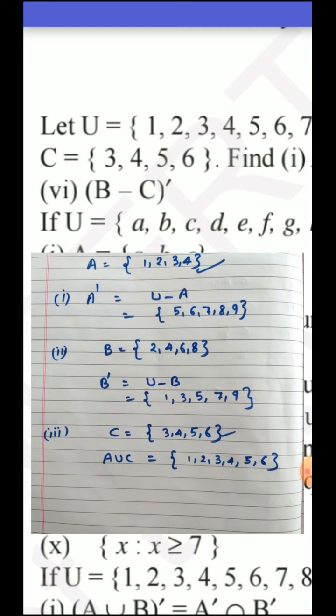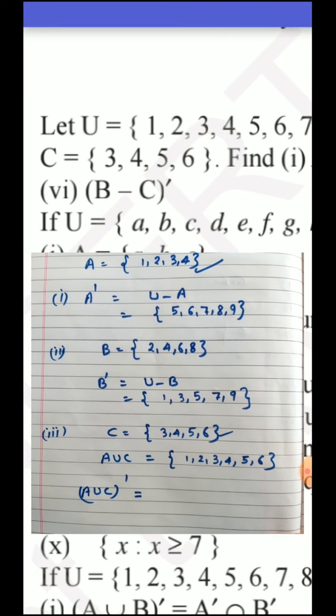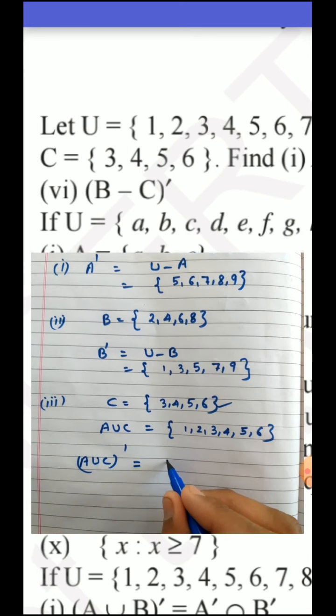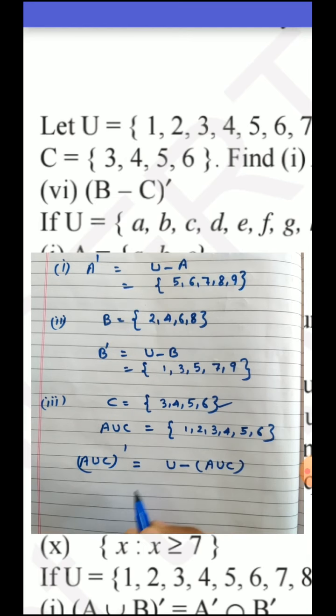Now you have to find out A union C complement, the complement of A union C. So my dear student, how will you find it? You can find it by subtracting A union C from the universal set.